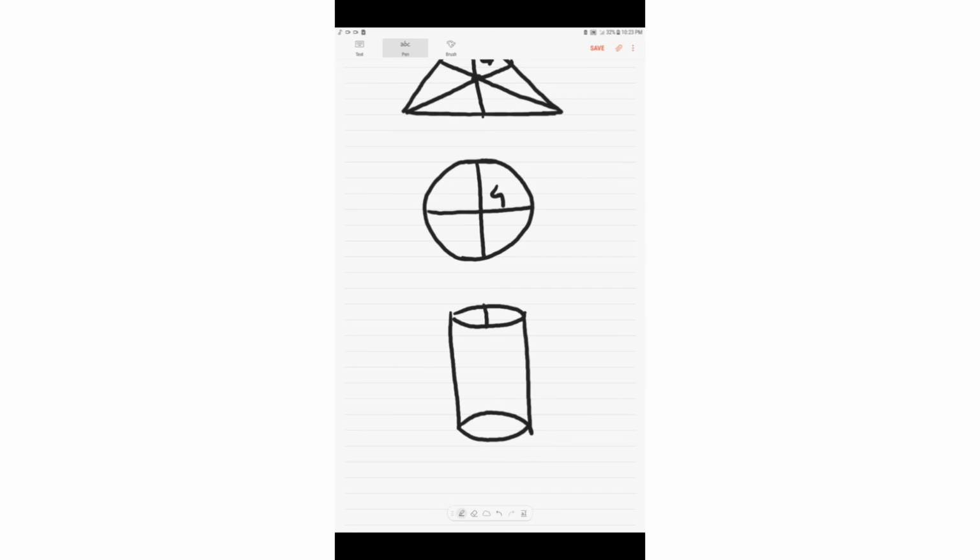This is the vertical axis which divides the cylinder into two equal halves. This is the horizontal axis which divides the cylinder again into two parts. So this intersection point will be its center of gravity. So in this way we can find the center of gravity of regular shape or symmetrical shape objects.